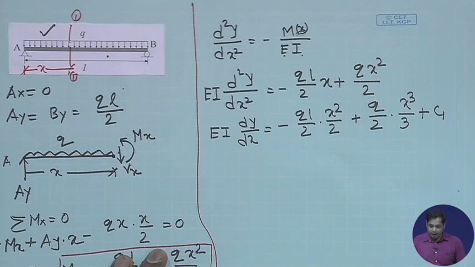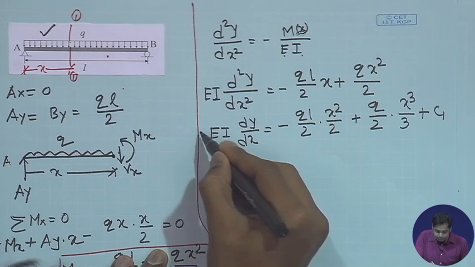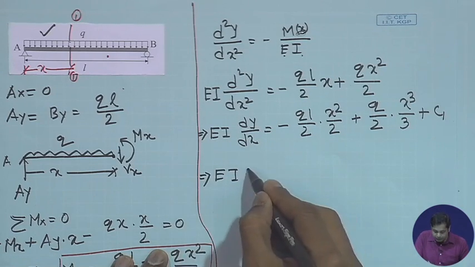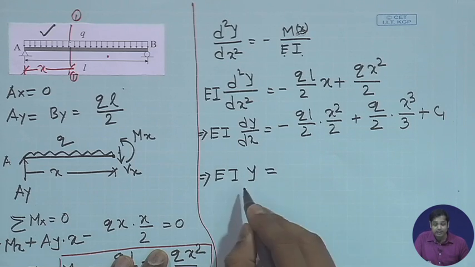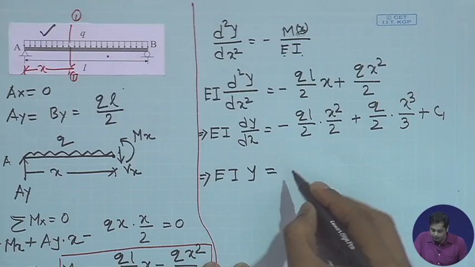Okay. Now, again if we integrate EI d2y/dx2 the first time, and the second time, then y is a function of x. I am not writing explicitly x in brackets.